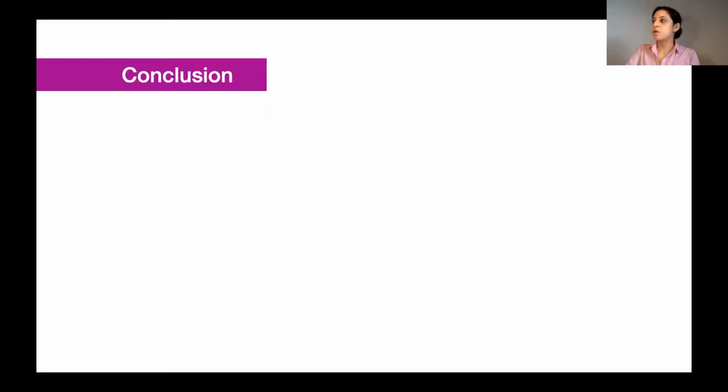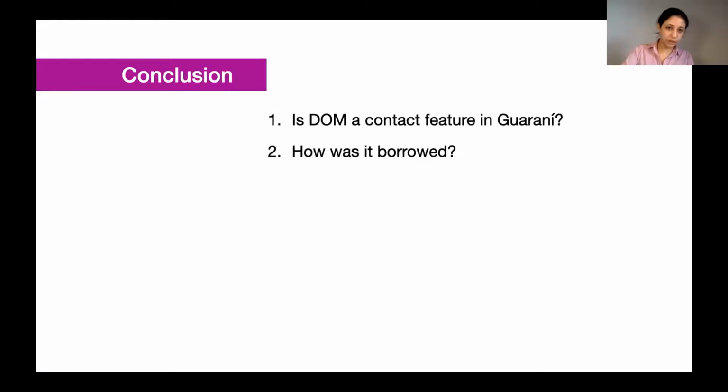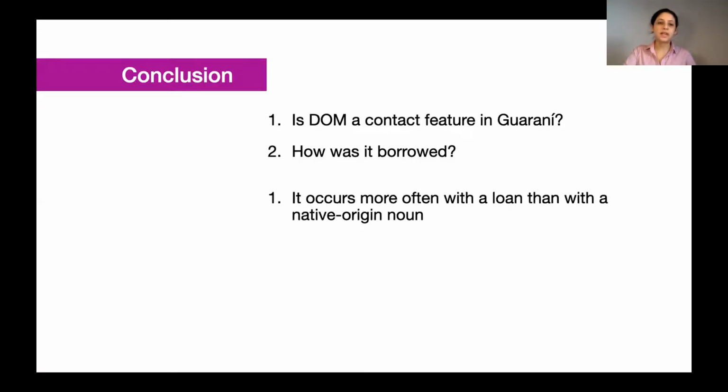Okay, so is a differential object marker a feature in Guarani? And how was it borrowed? These are the 2 original questions of this study. I think that the fact that the marker occurs more often with a loan than with a native origin word might provide evidence for the fact that DOM is a contact feature, because otherwise, why would this matter?